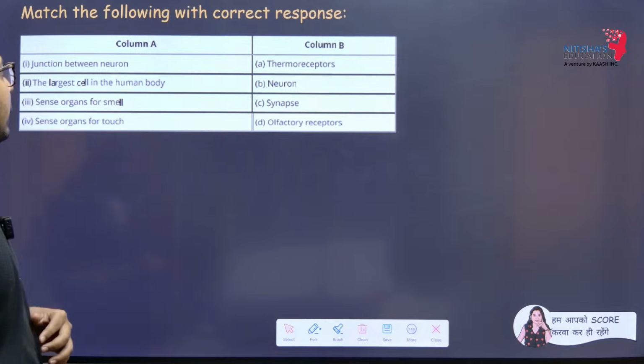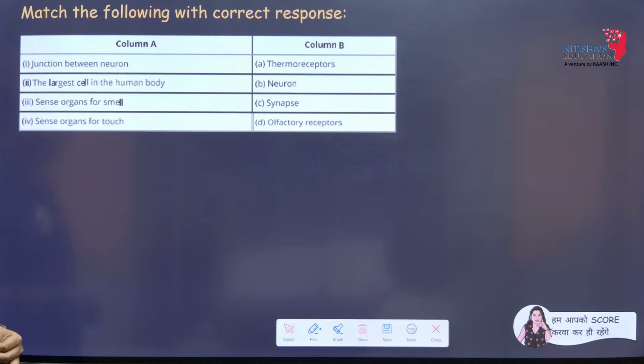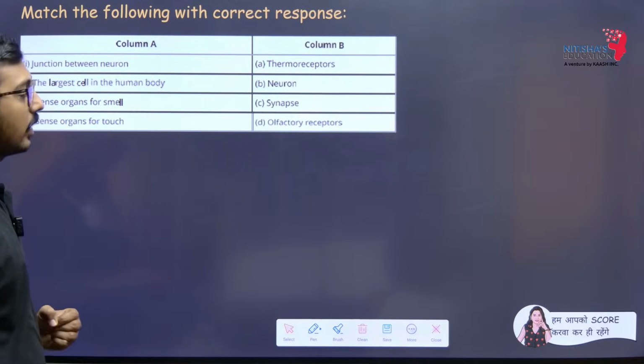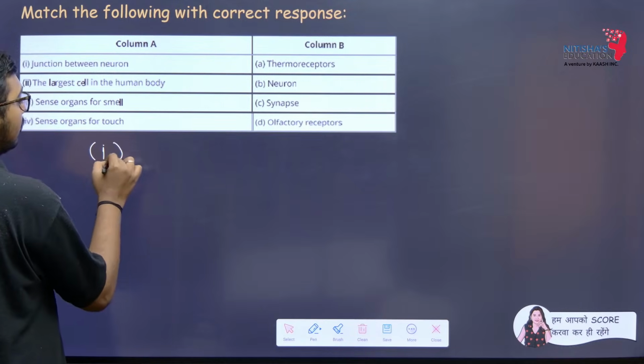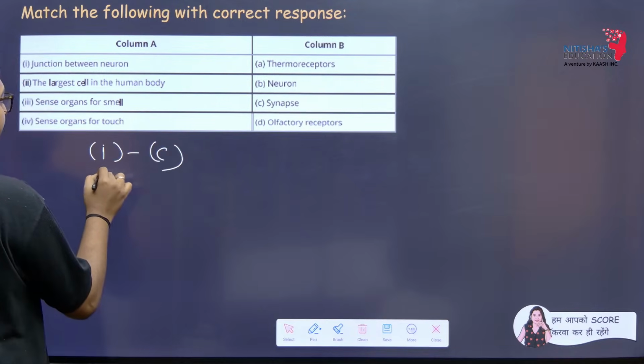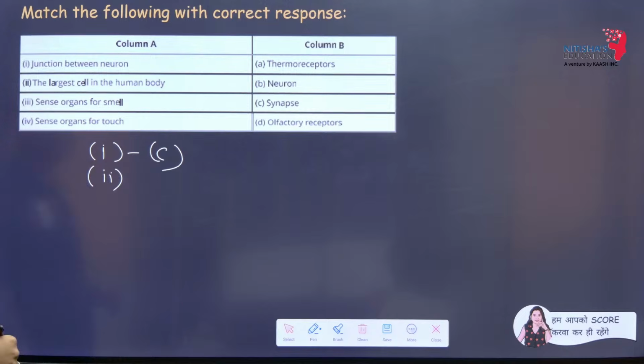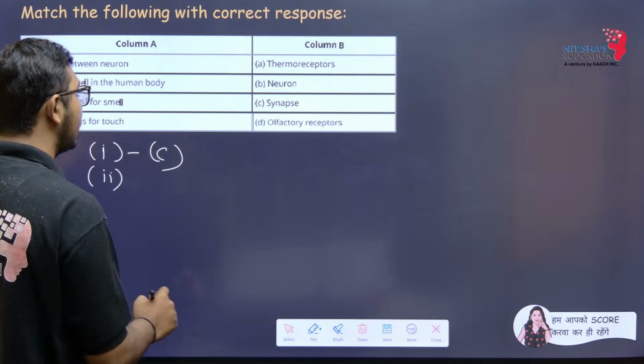Match the following with correct responses. Junction between neurons. What is it known as? Synapses. Junction between the neurons is known as synapses. The largest cell in the human body, a very obvious one: neuron is the largest cell.